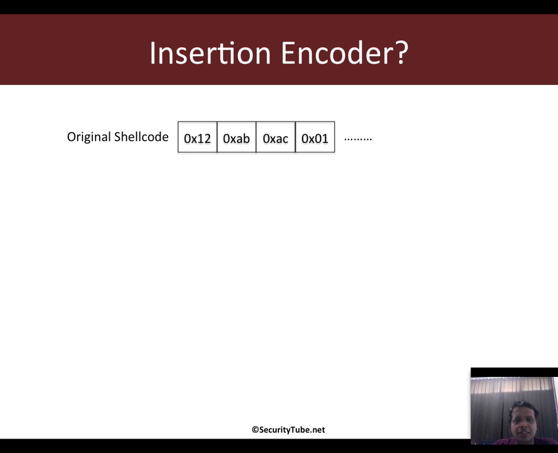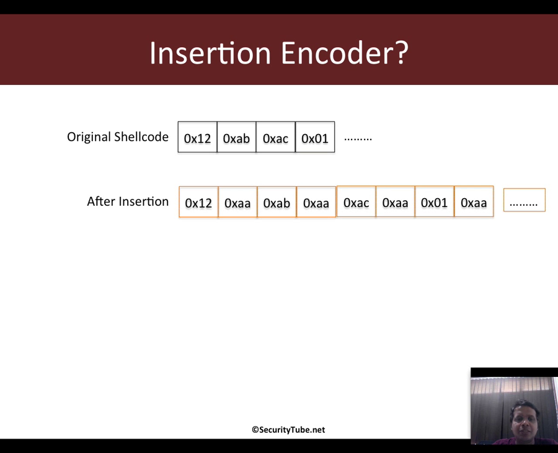So let's say this is how our original shellcode looks. In the case of an insertion encoder, I basically insert an absolute garbage byte between every 2 bytes of the original shellcode. So you can actually see AA in between every 2 bytes of the original shellcode.